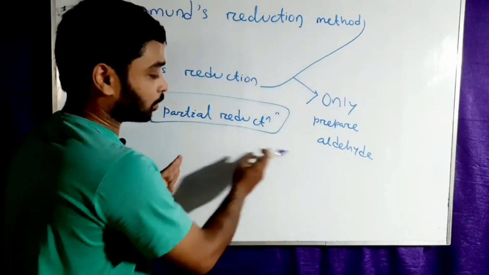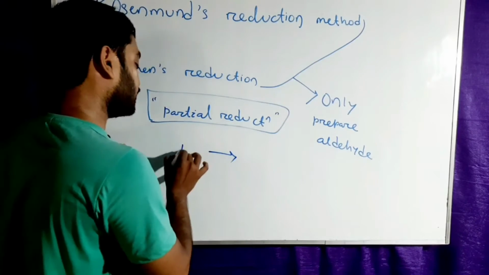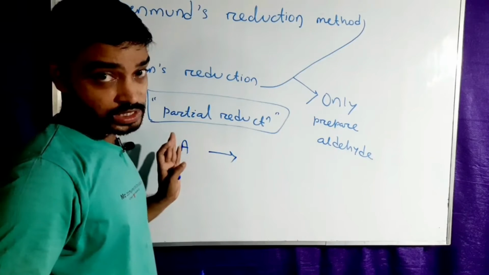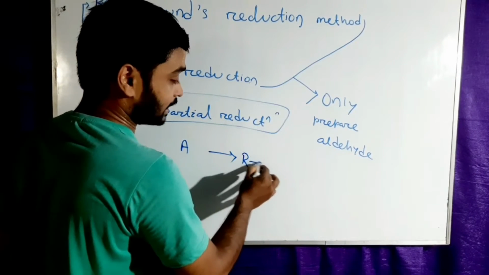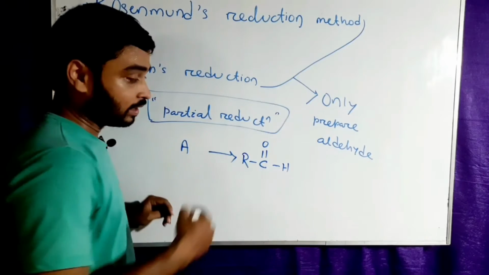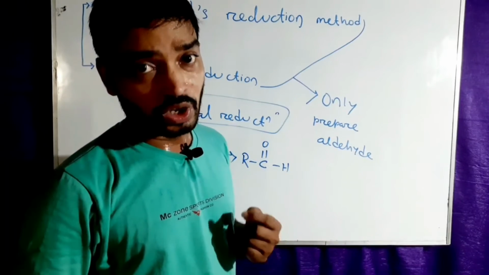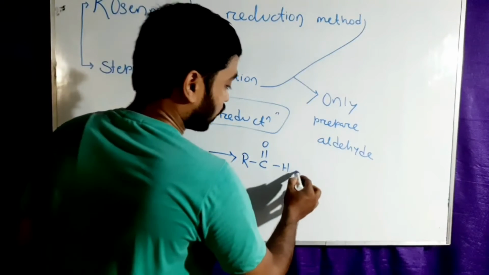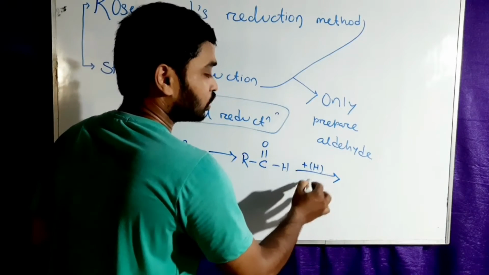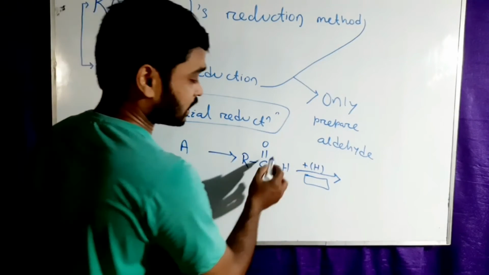The reactant, upon reduction, results in the formation of aldehyde, and aldehyde can be reduced by strong reducing agents to produce alcohol.